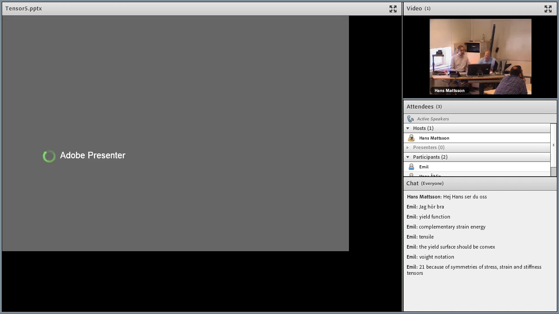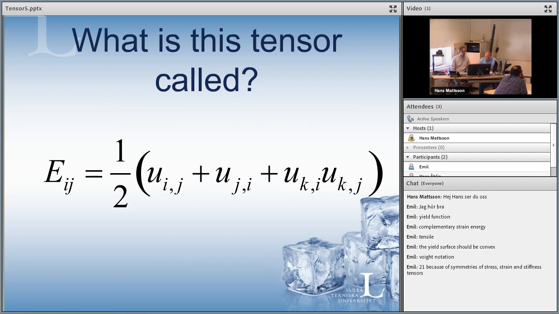Okay, here comes the question on tensors, level 5. What is this tensor called? Do you have a distinct answer from the group?